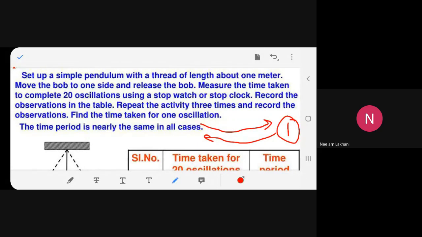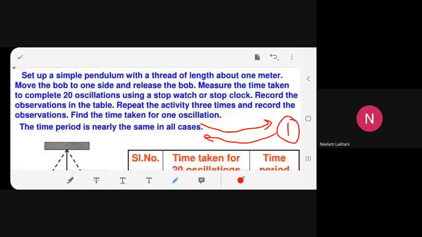And with what we will measure or calculate, we will have a stopwatch or a stop clock. We make a table and record these observations. We will do the same observation three times. 20 oscillations we will measure again three times. The same activity will be done thrice.